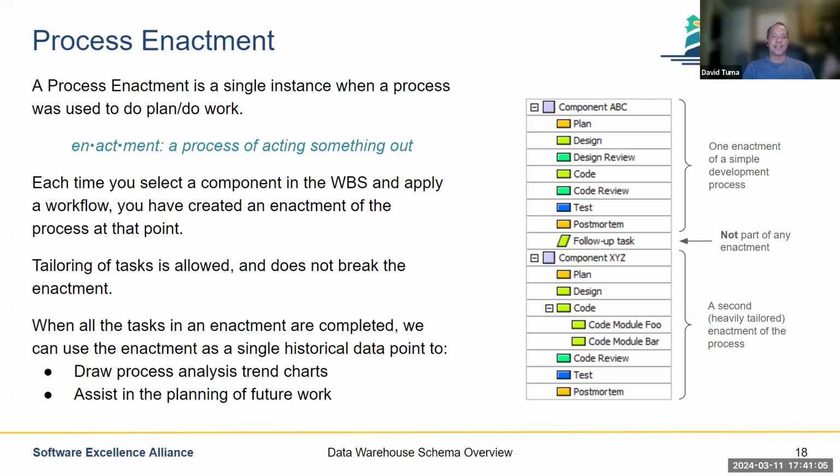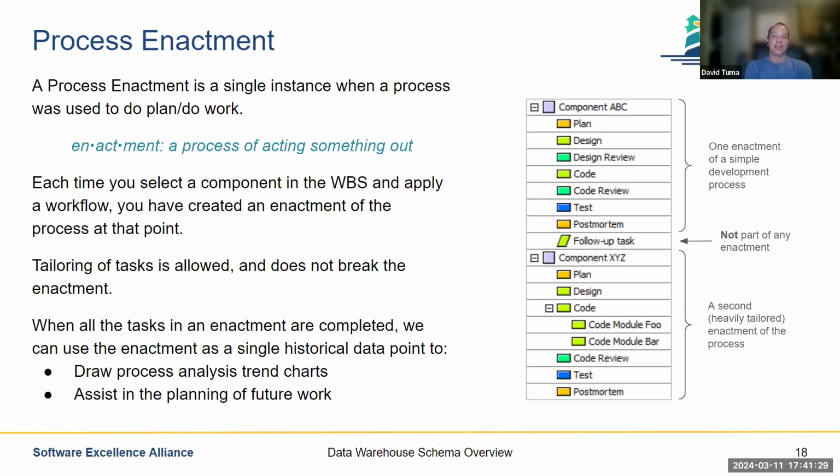A process enactment is a single instance when a process was used to plan and/or do work. In the word enactment, I've provided the definition here: the process of acting something out. So each time you select a component in the WBS and apply a workflow, you have created at that place an enactment of the process.